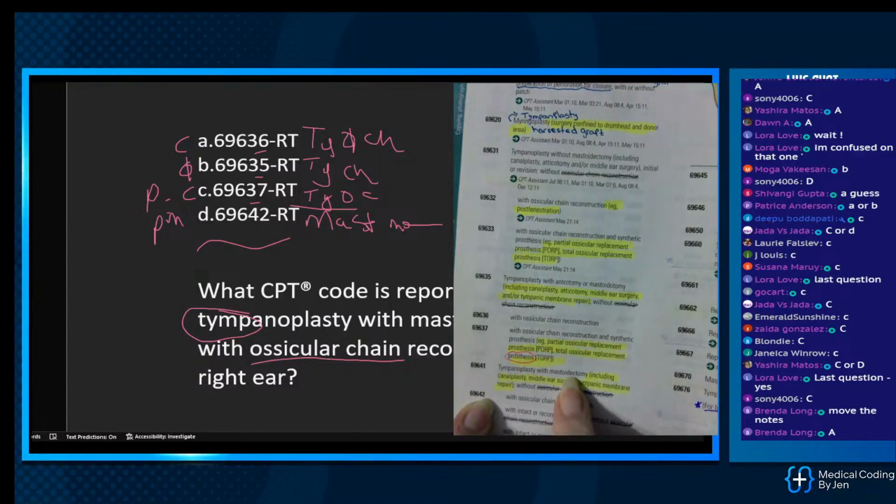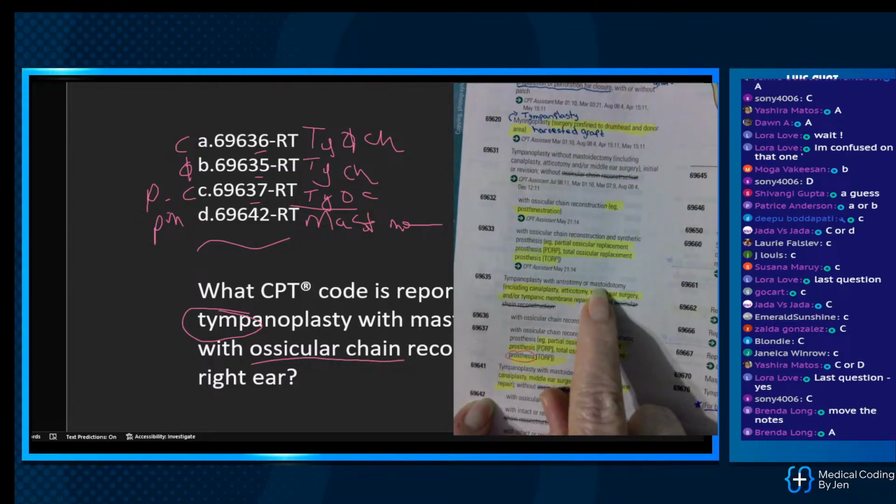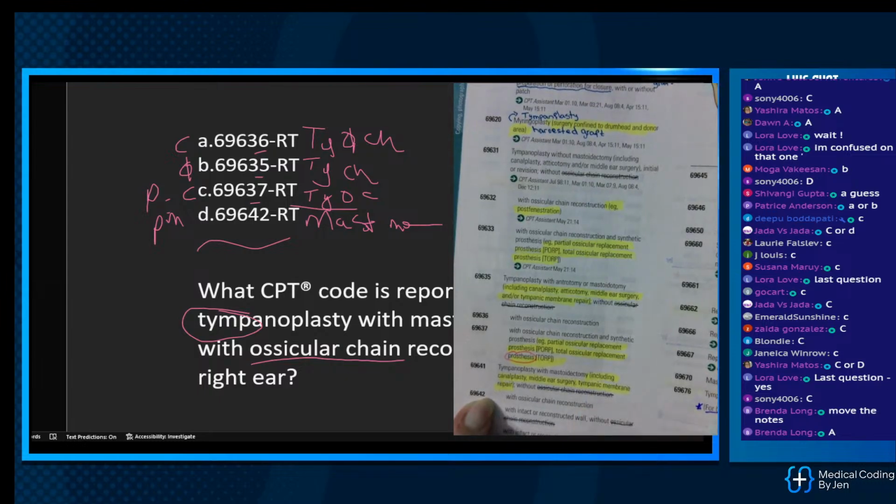Probably the mastoidectomy is confusing you because our 45 does have a mastoid with it too. So all of these include the mastoid. That's why I didn't mention it. It's negated because it's in every one of the codes. So we don't have to worry about that.